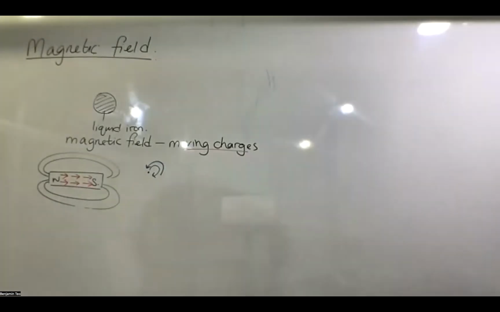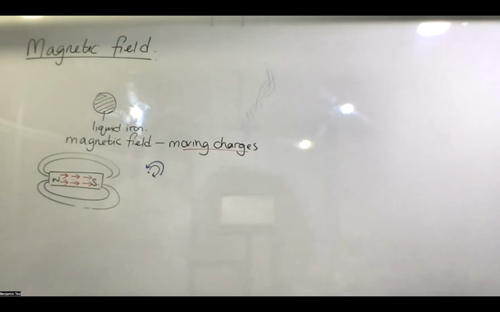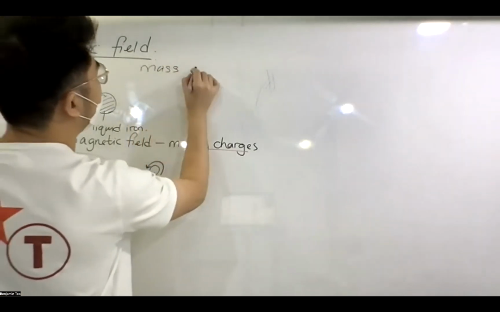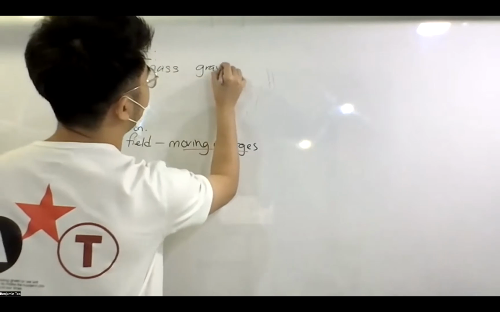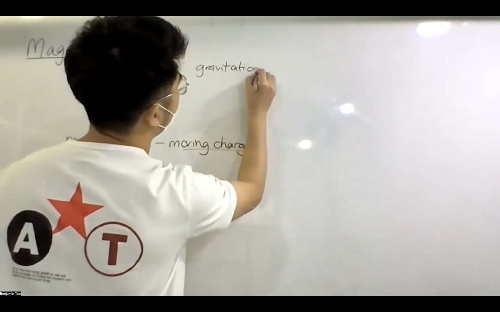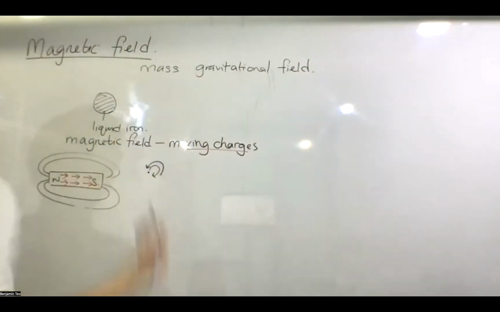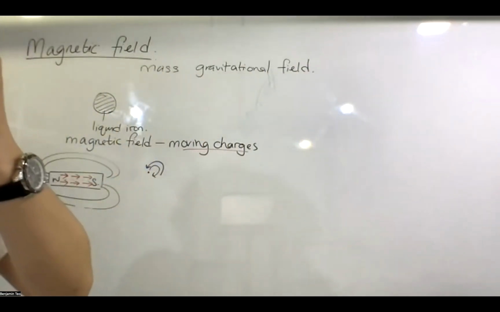Now, we know that gravitational field, how is it created? Mass, right? Mass creates gravitational field. Okay, then what about electric field? How is it created?